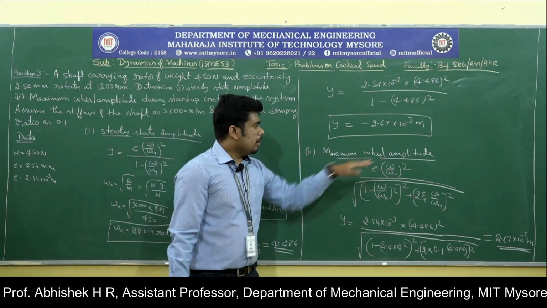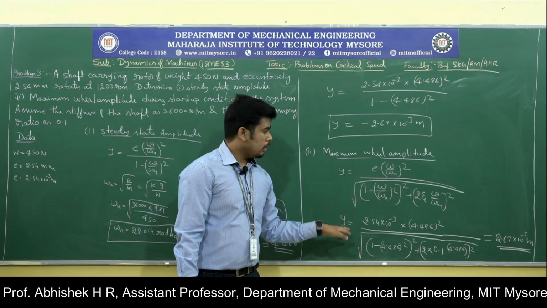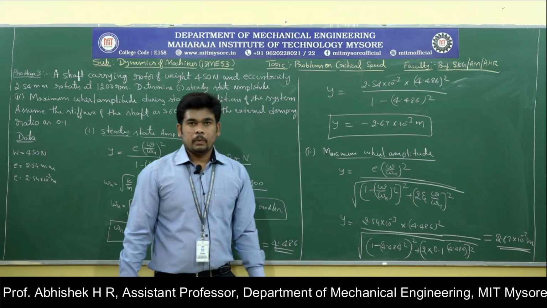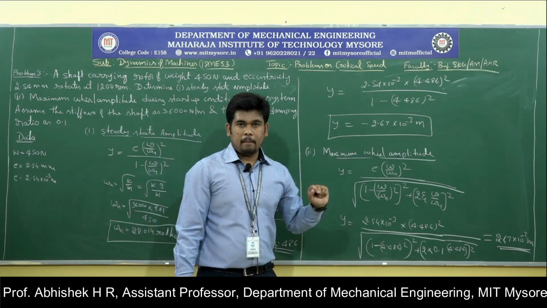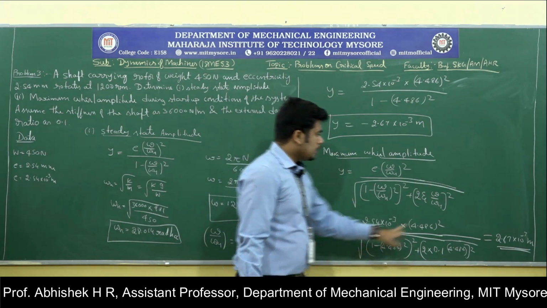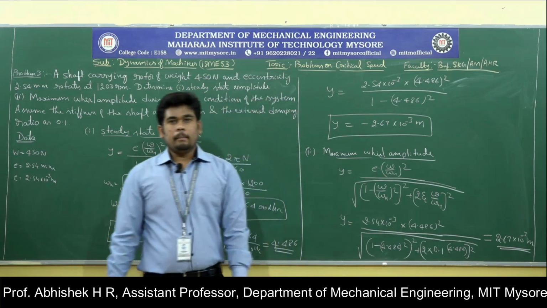For the maximum whirl amplitude, y is equal to E into omega by omega n whole square, but here we are going to consider the damping ratio because it is for the maximum whirl amplitude. From this we'll get the amplitude as 2.67 into 10 to the power of minus 3 meter.